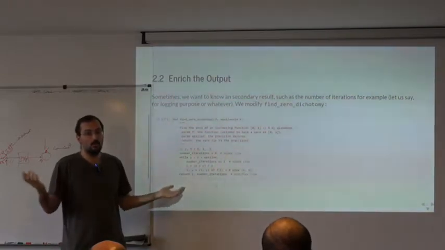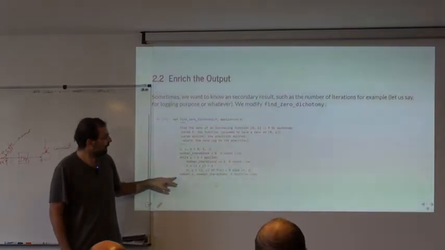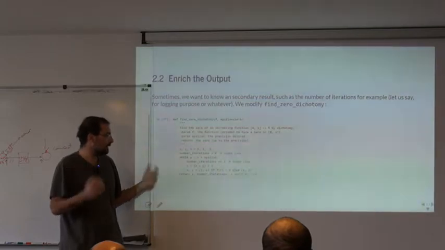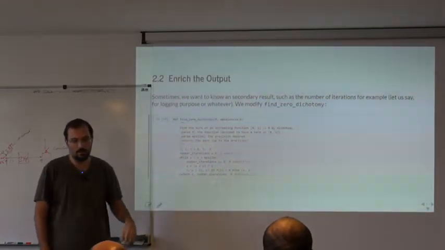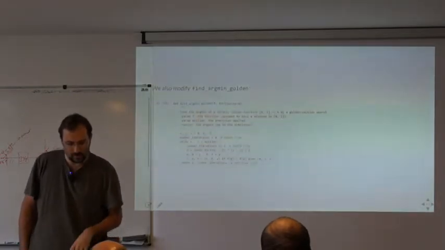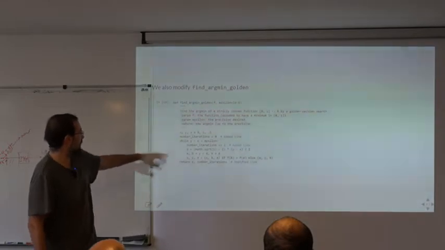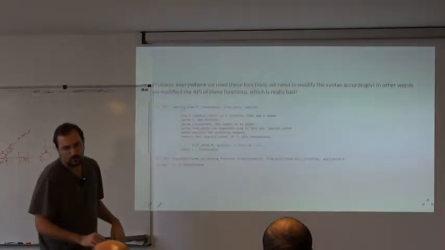And once again, you have changed the signature of your function, which means that everything that calls find zero dichotomy of f and expects to receive a number will have a problem because it will receive a tuple. For example, in my big algorithm, I just did the same with the other sub-algorithm.